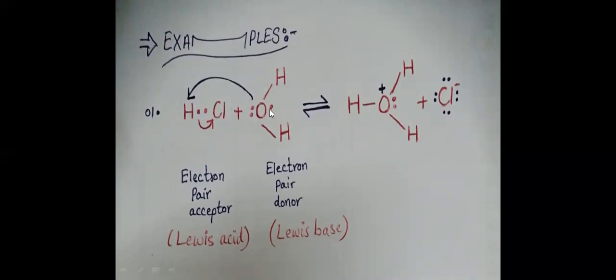So water will convert into hydronium ion, and chlorine will leave in the form of chloride ion. As chlorine pulls electrons from the hydrogen atom, you can see the chloride ion has 8 electrons. So HCl is an electron pair acceptor, it is a Lewis acid, and water is an electron pair donor, so it is a Lewis base.